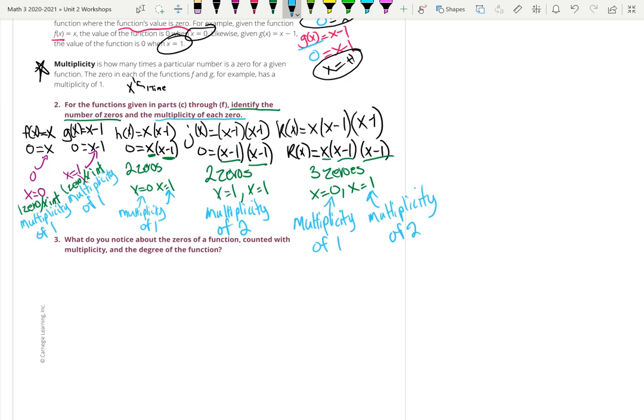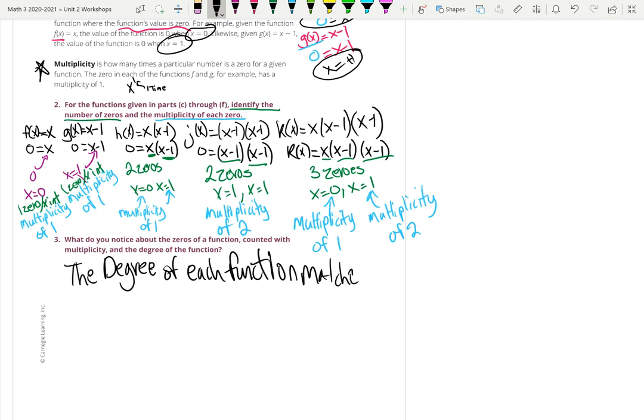Okay. Number 3. What do you notice about the degrees of a function and the number of zeros counted with multiplicity? Basically, the degree of each function matches the number of zeros with multiplicity.